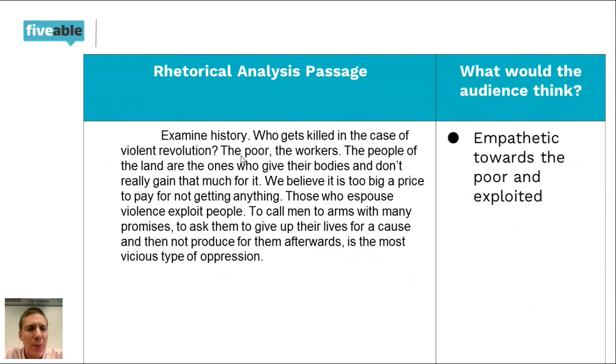We believe it is too big a price to pay for not getting anything. Those who espouse violence exploit people. To call men to arms with many promises, to ask them to give up their lives for a cause and then to not produce for them afterwards, is the most vicious type of oppression."